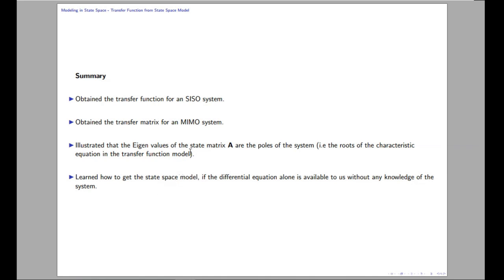And certain other observations also we understood, like eigenvalues of a state matrix are the poles of the system. And also we learned to get the state space model only if the differential equation is available. So that is how we finish lecture 6. And in the next lectures, we will see how a transfer function model can be transformed to a state space model. Thank you.